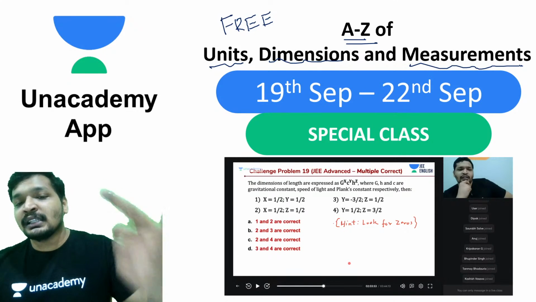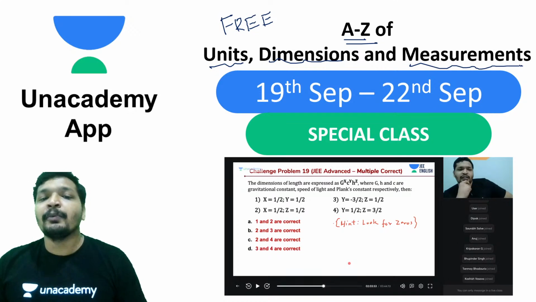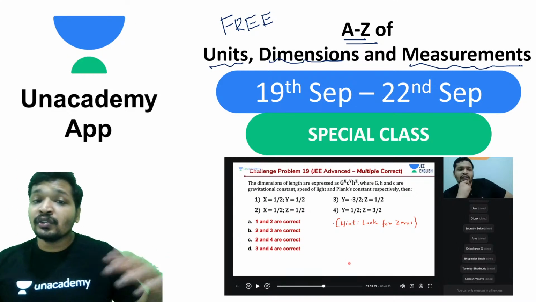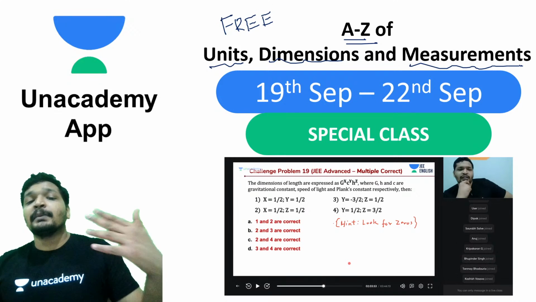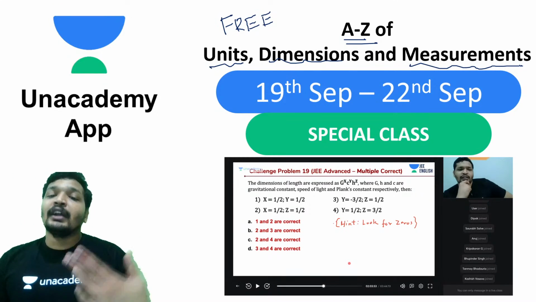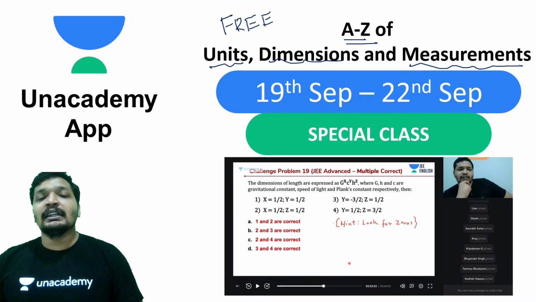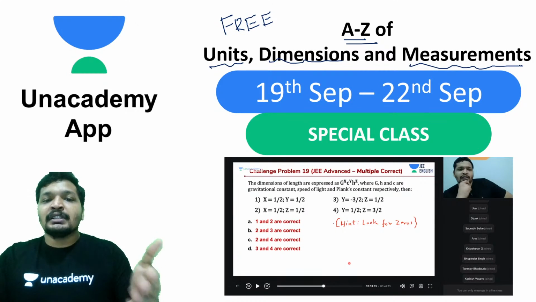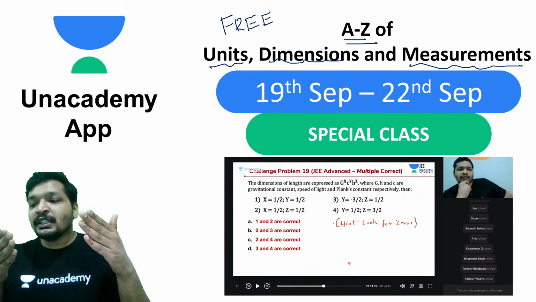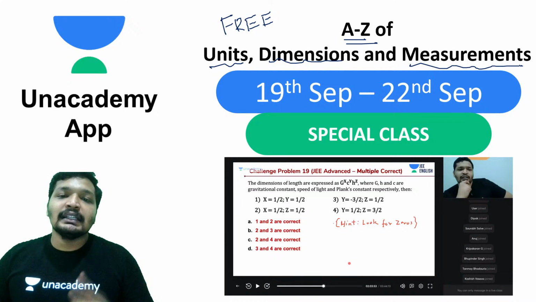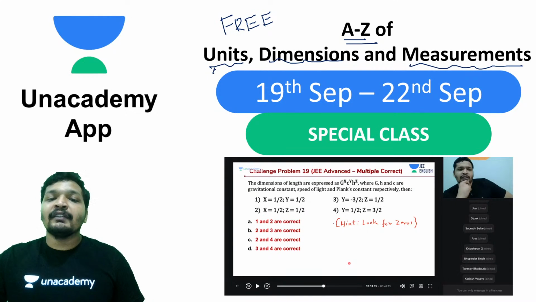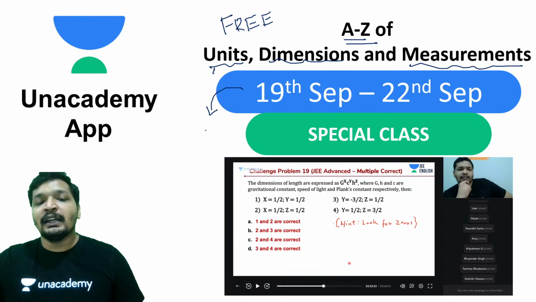And dimensional consistency is a way not just to solve your problems in your units, dimensions and measurements chapter, but also many chapters like your magnetism, your electrostatics, your heat and thermodynamics. There are many questions where you have to analyze this dimensional consistency of the options and predict the answer. So you can do this by attending this session, because we have discussed pretty much everything in this 4+1 session.